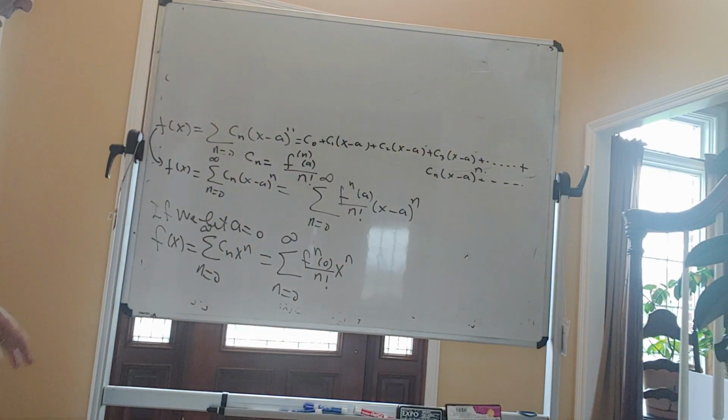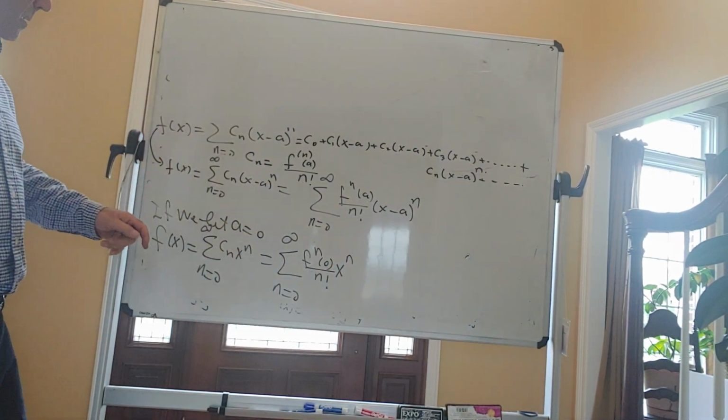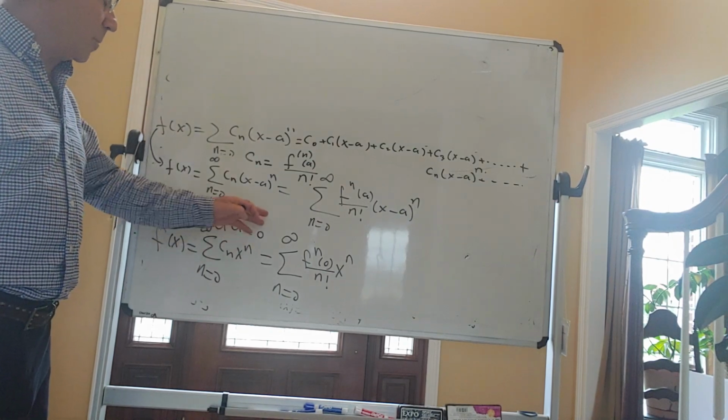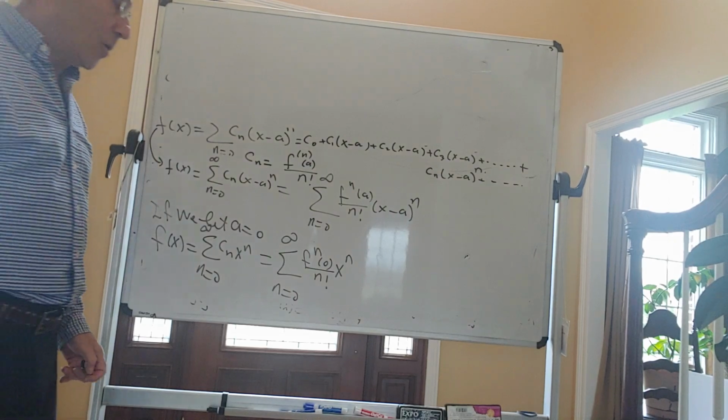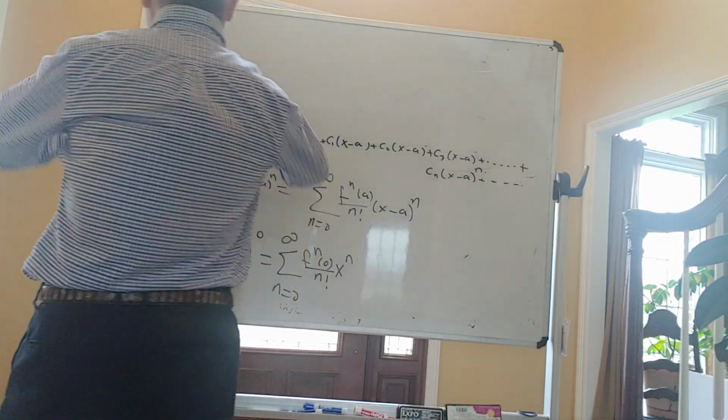All right? So this is about a equals 0. If we let a equals 0, that will be about x equals 0, and this one is about the center x equal a.